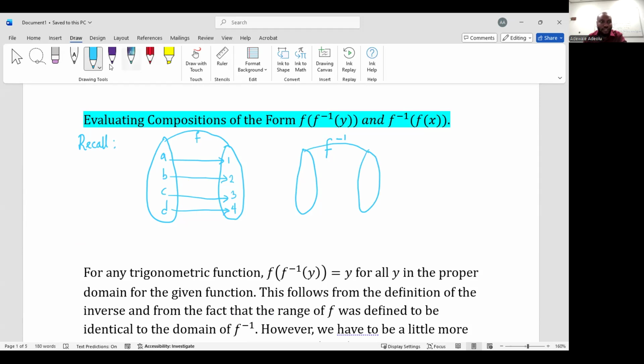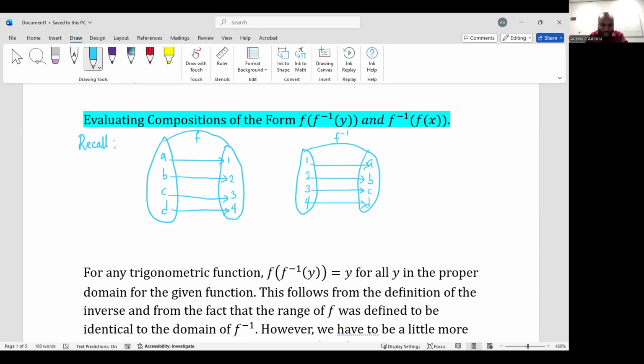This is the graph of f inverse. Now, the domain, I will have something like this. That is the inverse of f. So A, B, C, D, and I map this to this, this to this, this to this, this to this. We learned that in our last class. For the inverse, the domain becomes the range and the range becomes the domain.